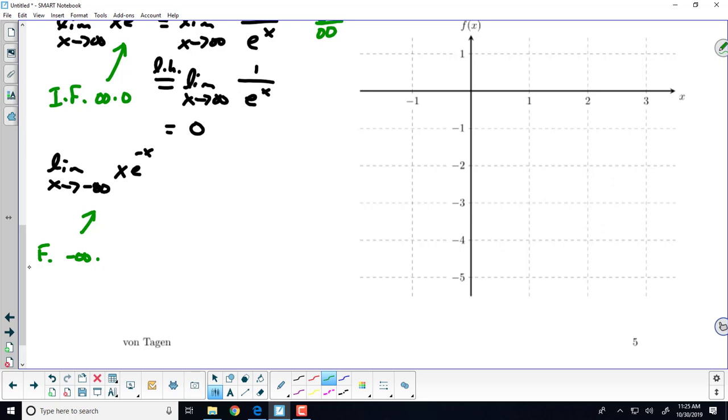So we're plugging in a large negative number, like negative 100, for x, so then we have e to the minus negative 100, which is e to a large number, which becomes large. So this has the form negative infinity times infinity. I'm not calling this an indeterminate form, everyone notice that? What is a large positive number times a large negative number? It's a large negative number.